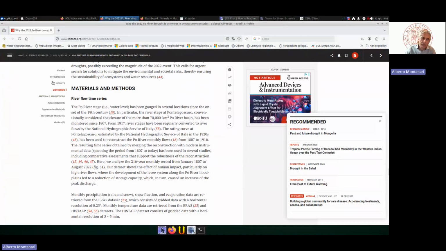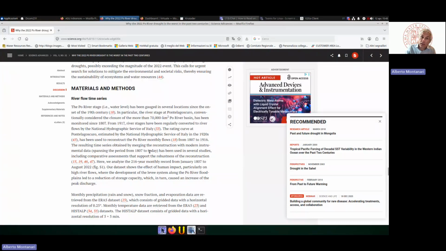And here you see there is a presentation of the river flow time series. We are not reading it. But of course, if you are interested in getting more details of this Po River flow series, you may read. If you want to know how the series was reconstructed, because you understand that getting numbers that were observed in 1807 is not so easy.